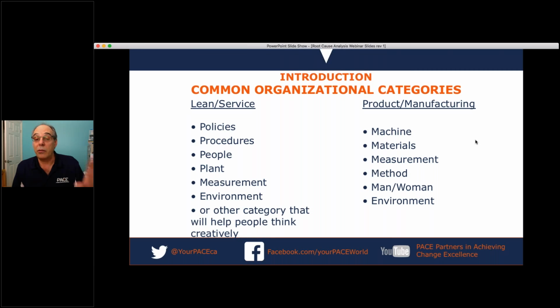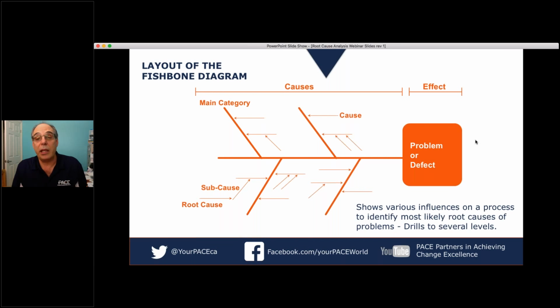Anything can go in there. It's what you feel is required. On the product manufacturing side, it's machines, materials, measurements, methods, man or woman, which is the same as people, and environment. So those headers go into the main categories.